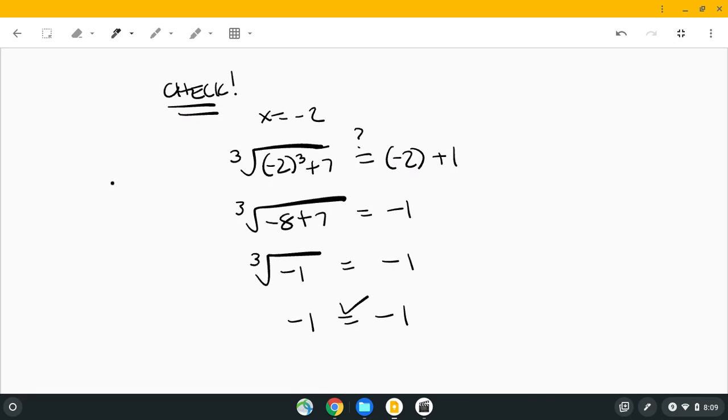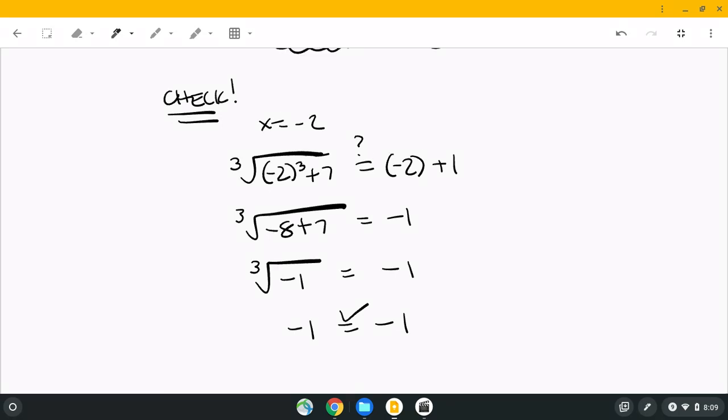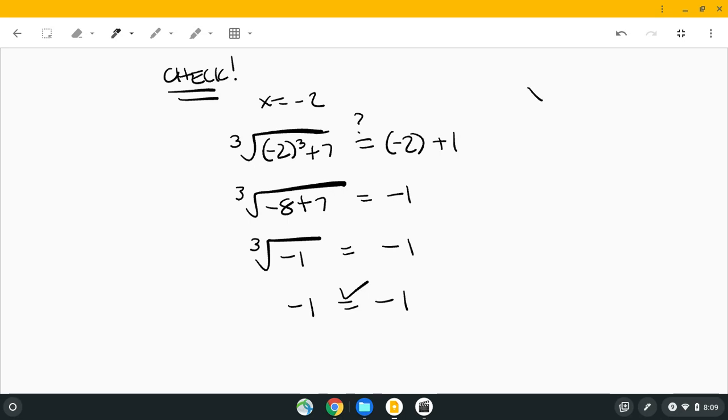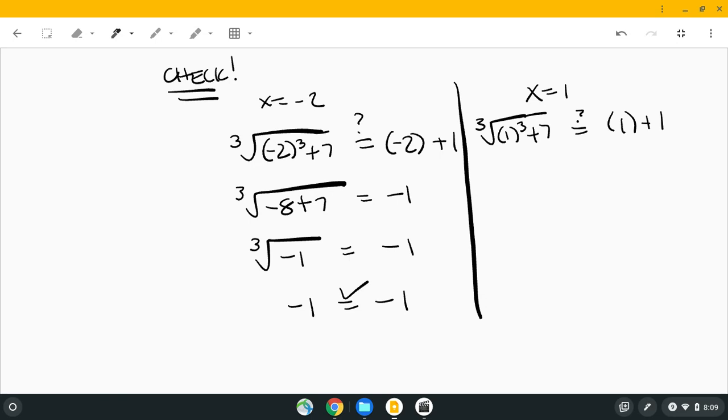Let's go ahead and check our other one, positive 1. The cube root of 1 to the third power plus 7. We want to know, does this equal positive 1 plus 1?